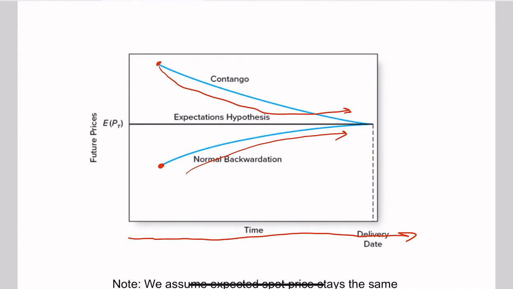Now, we could also talk about contango, right? So if there is contango, then it means that if a futures is further away from its maturity date, then its futures price will be higher. And if a futures is closer to its delivery date, then its futures price will be lower, right?